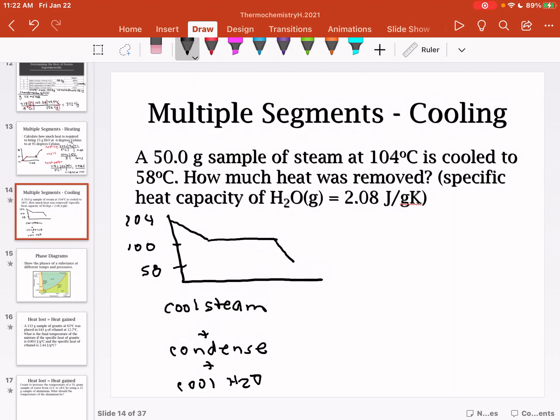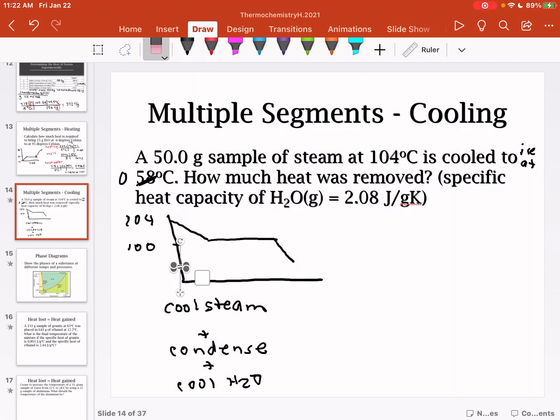If I were to continue going downward, let's take it all the way down to, instead of 58, let's take it down to 0 degrees Celsius. So let's say I want to have ice. Let's cool it to ice at 0 degrees Celsius. That'll be much more fun. So instead of 58, I'm going to go all the way down to 0.